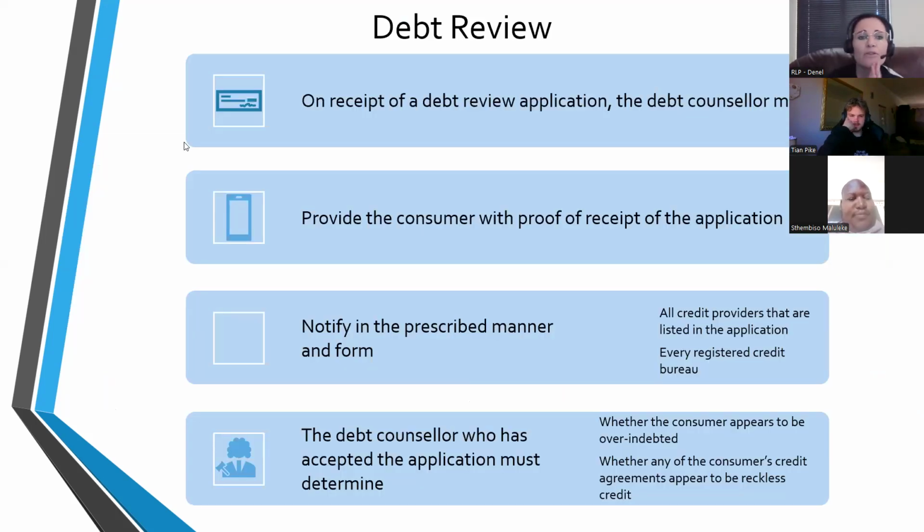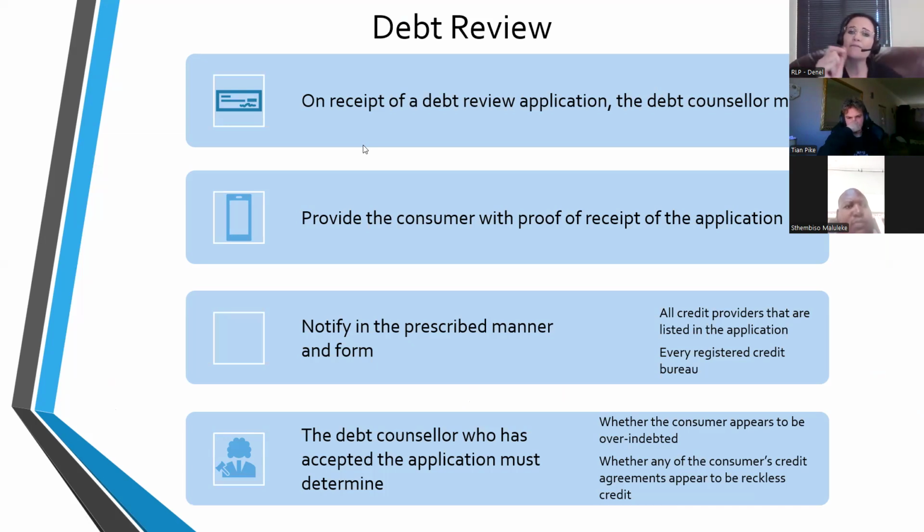Okay, and then when it comes to debt review, this is the process that they have to follow. So upon receipt of a debt review application, the debt counselor will firstly notify the consumer that they have received the application. Then the debt counselor has to notify all the credit providers that are listed in the application that this consumer will now undergo debt review.